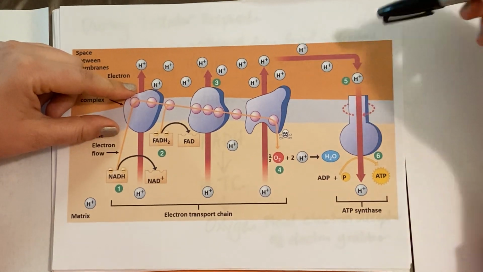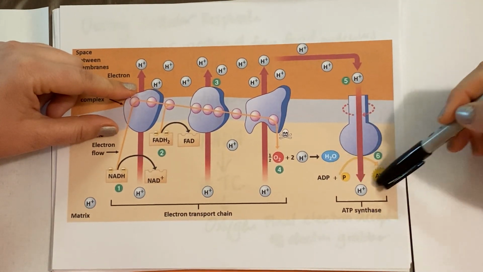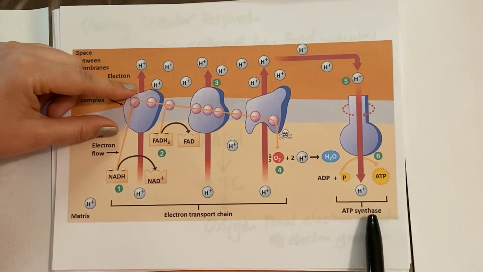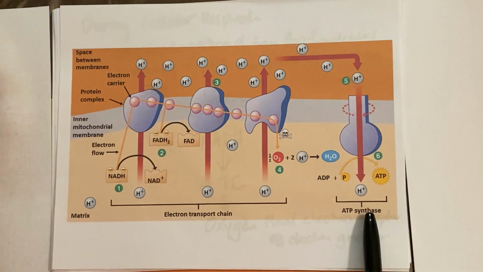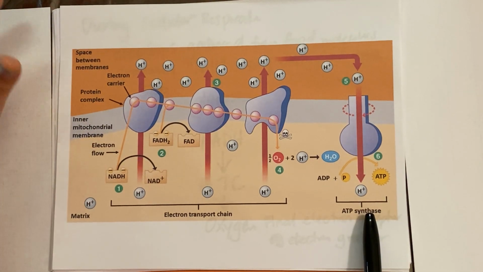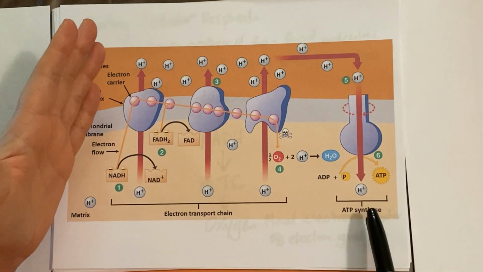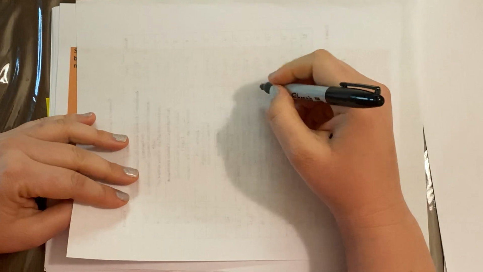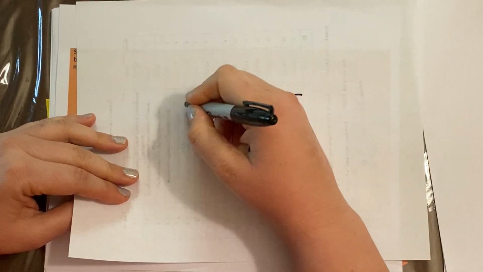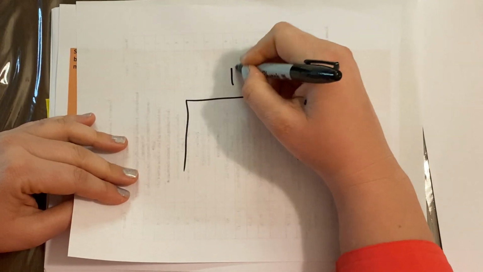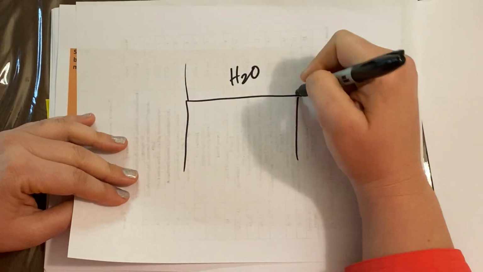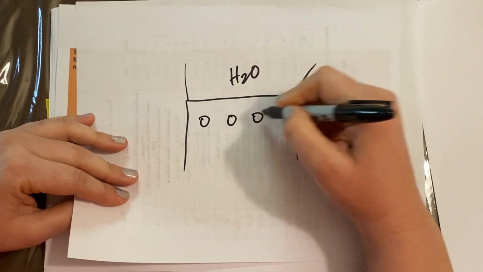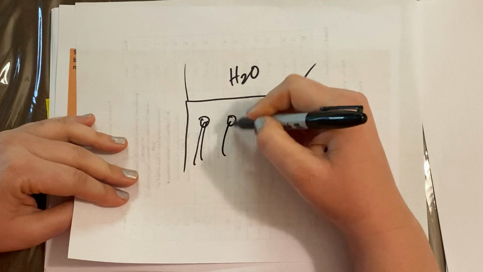Then we have this molecule over here called ATP synthase, which acts like a turbine. If you've ever seen how dams work, you have water built up behind a dam, and if you open little holes, water can start to flow through.